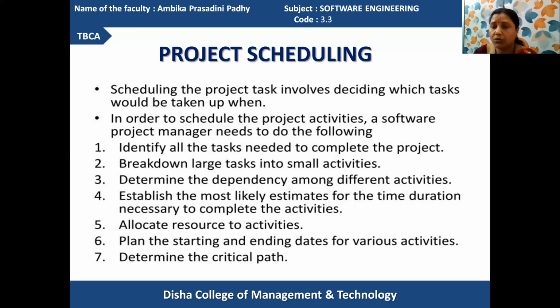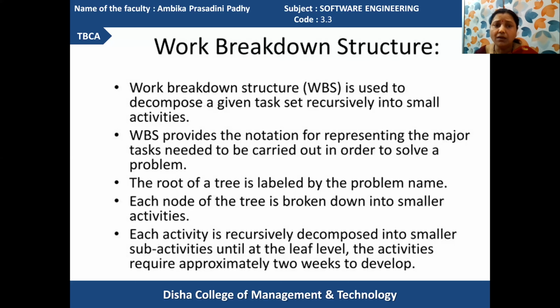So now we'll go to the first part for execution. In the first part, we have to determine the work breakdown structure, WBS. The work breakdown structure is used to decompose the given task set recursively into small activities. The whole system is divided into small activities recursively.